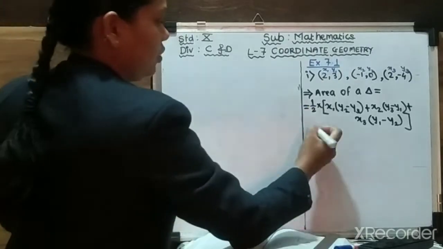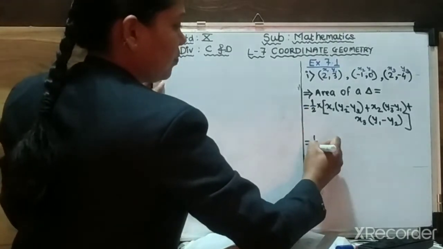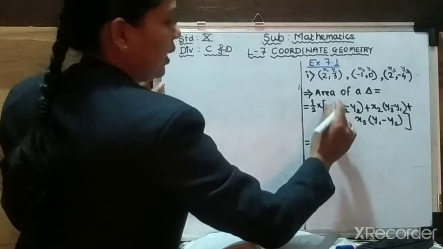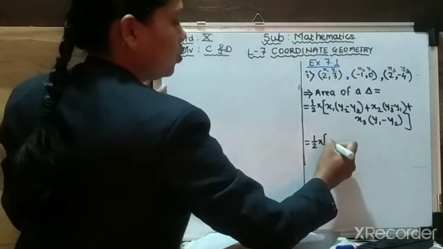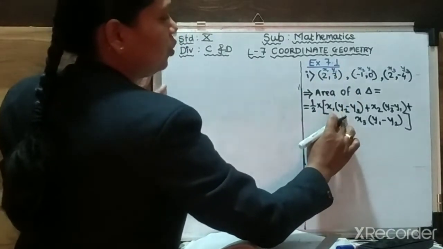Now just put the values: half into bracket, x1 is 2, multiplied by y2 minus y3.